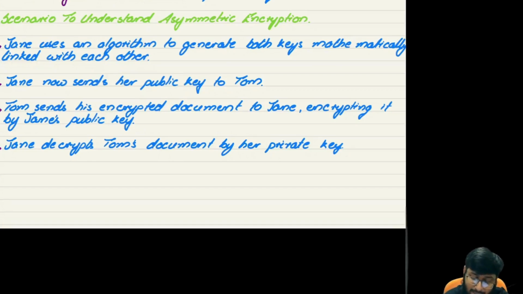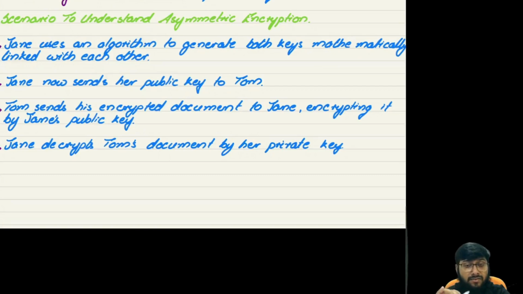Tom sends his encrypted document to Jane, encrypting it with Jane's public key. Now how is it done? Once the receiver sends the public key, the sender will be encrypting his or her document with that public key and sending that to the receiver. Jane decrypts Tom's document with her private key.